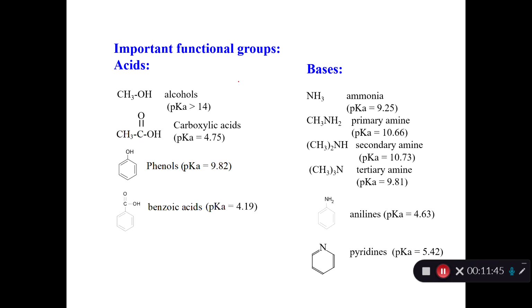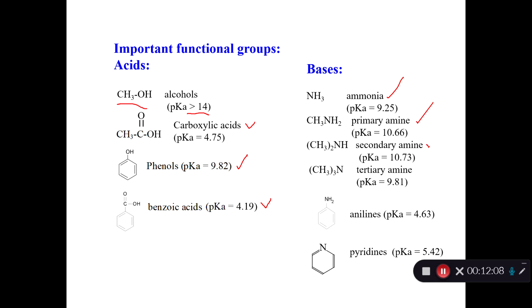So just to recap, important functional groups: alcohols by themselves are not really important acids because their pKa's are too high, but carboxylic acids are important, phenols are important, and benzoic acids are important organic acids. And then for bases, you got your good old ammonia here. This would be a primary amine.